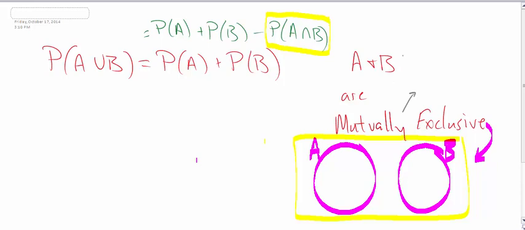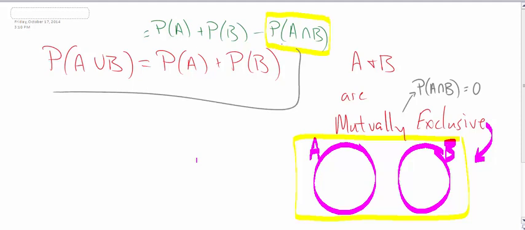So the definition of mutually exclusive events, A and B are mutually exclusive if the probability of A intersect B is equal to 0. That means that they don't overlap. They don't share these two traits. There's no event that is in both A and B at the same time. And if they're mutually exclusive, that's going to be true.